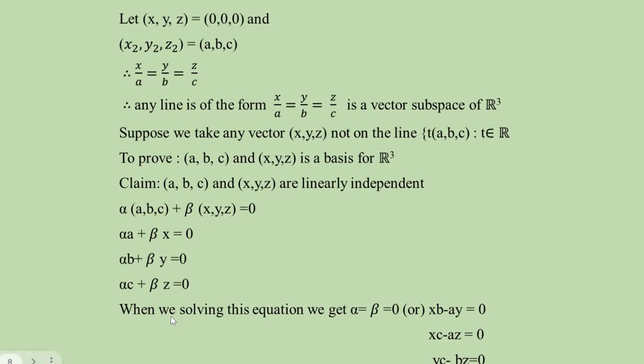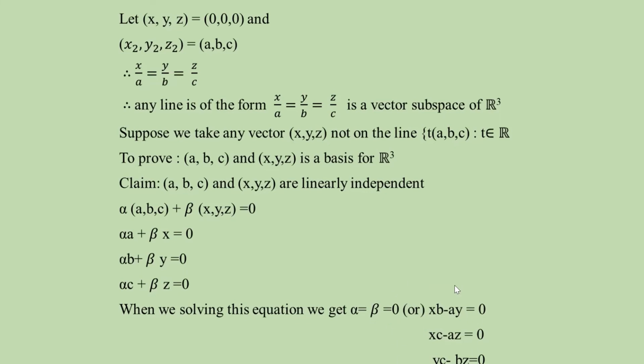Solving these, we get alpha times (xb minus ay) equal to 0, alpha times (xc minus az) equal to 0, and beta times (yc minus bz) equal to 0. Either alpha and beta are 0, or xb minus ay, xc minus az, and yc minus bz are 0.